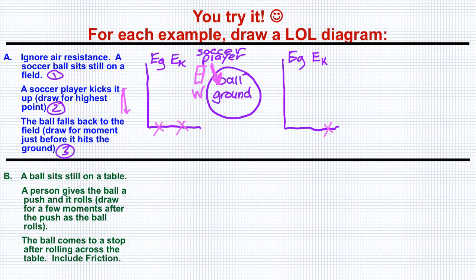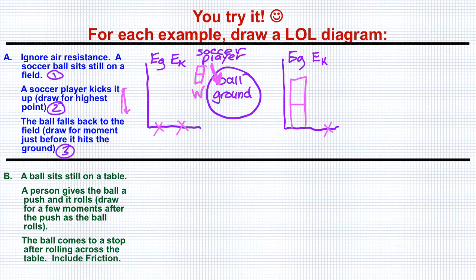No kinetic energy. So I'm going to draw an X there. But I am going to have plenty of gravitational energy because I'm at my highest point off of the ground, off of my gravitational zero. So I'm going to draw 2 blocks of energy there. Because if I'm putting 2 blocks of energy into the system, I've got to have 2 blocks in the system. I have to be consistent.